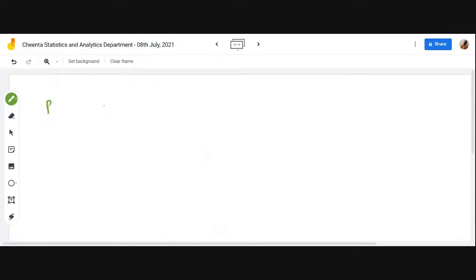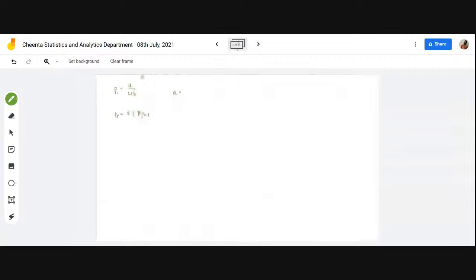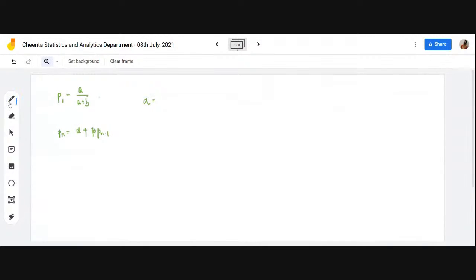Therefore P1 is equal to A by A plus B, and Pn is equal to alpha plus beta Pn minus 1, where alpha is equal to A by A plus B plus 1, and beta is equal to 1 by A plus B plus 1.